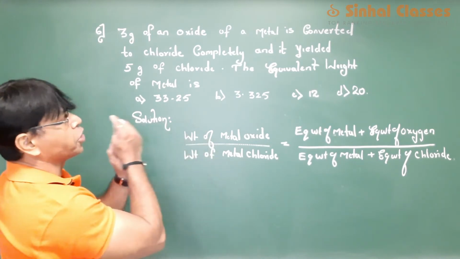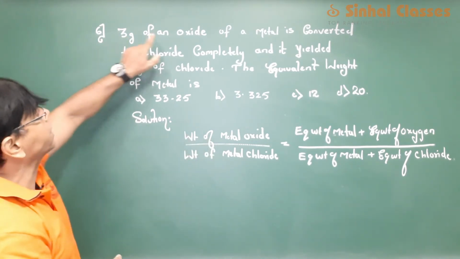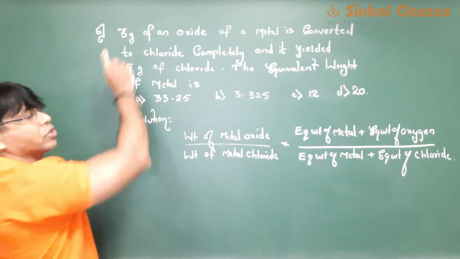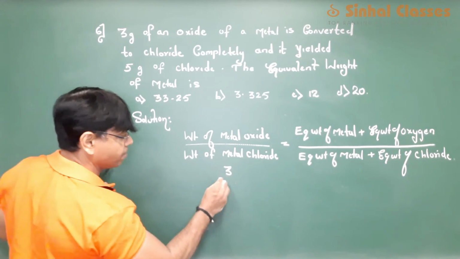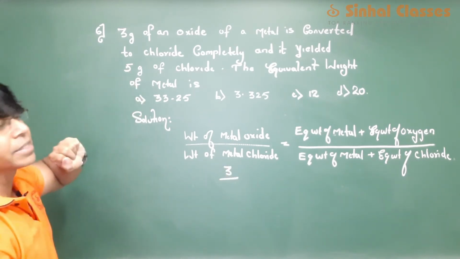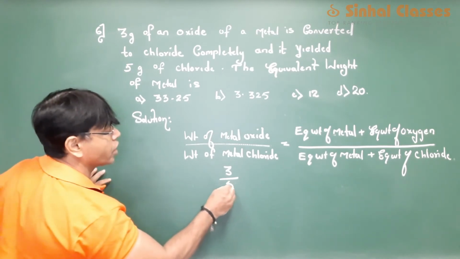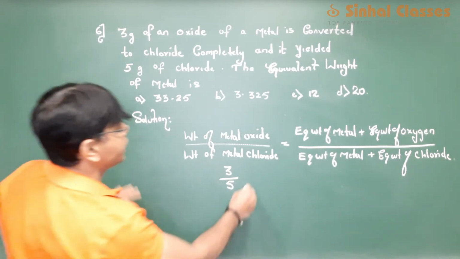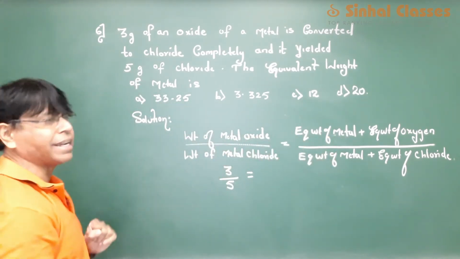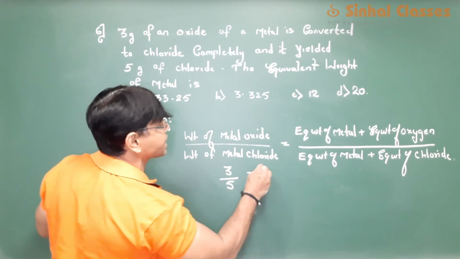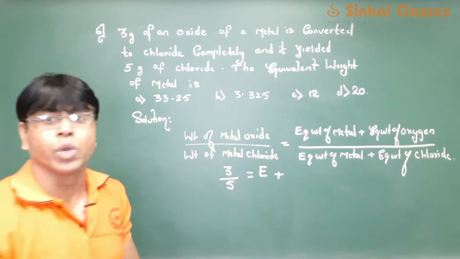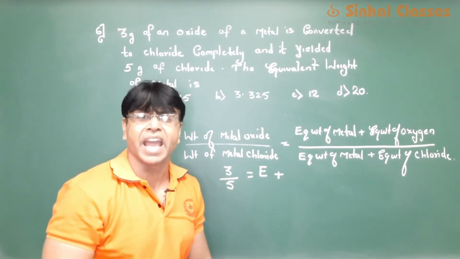Now just substitute what all things are given to you. 3 grams of oxide of a metal, that means weight of metal oxide is 3 grams, so put 3 here. Weight of metal chloride is 5, so 3 divided by 5 is equal to the equivalent weight of metal. We don't know that, we have to find it, so let it be represented as E. Equivalent weight of oxygen is 8.